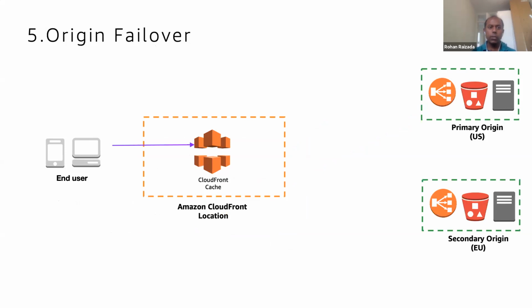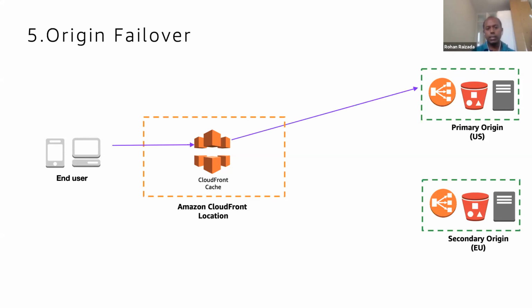And the last use case I want to touch on is origin failover. Origin failover you can do natively without using Lambda Edge, as CloudFront now also supports it. If your primary origin is down and sends error status codes, you can have CloudFront make alternate requests to your secondary origin. You can do the same with Lambda Edge as well.